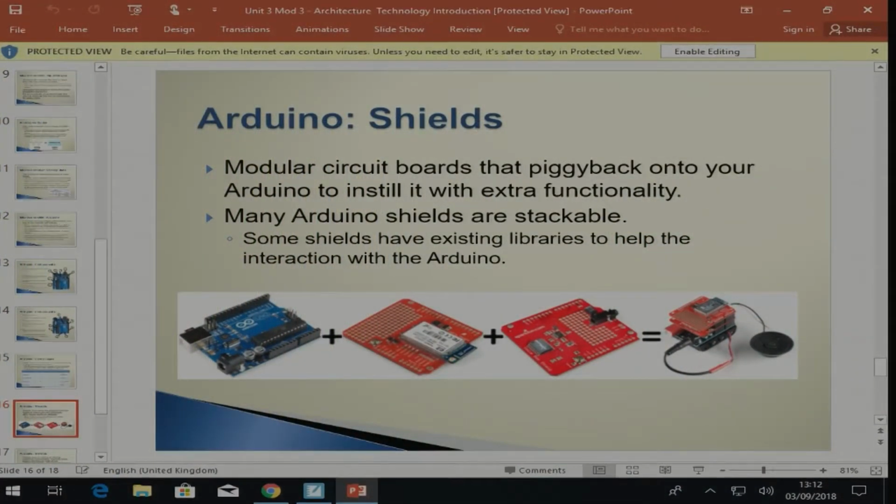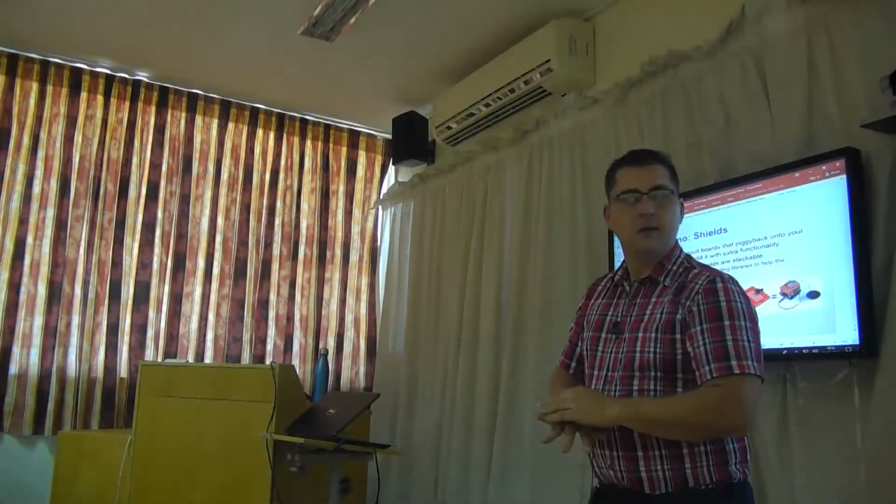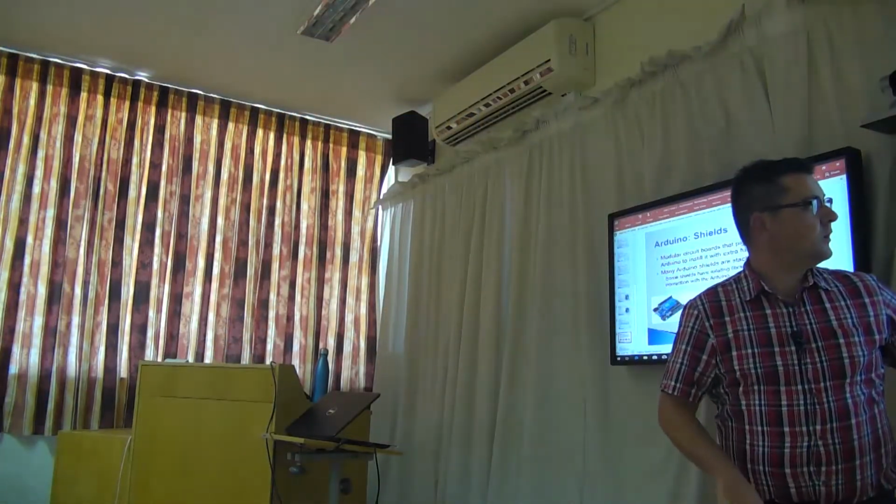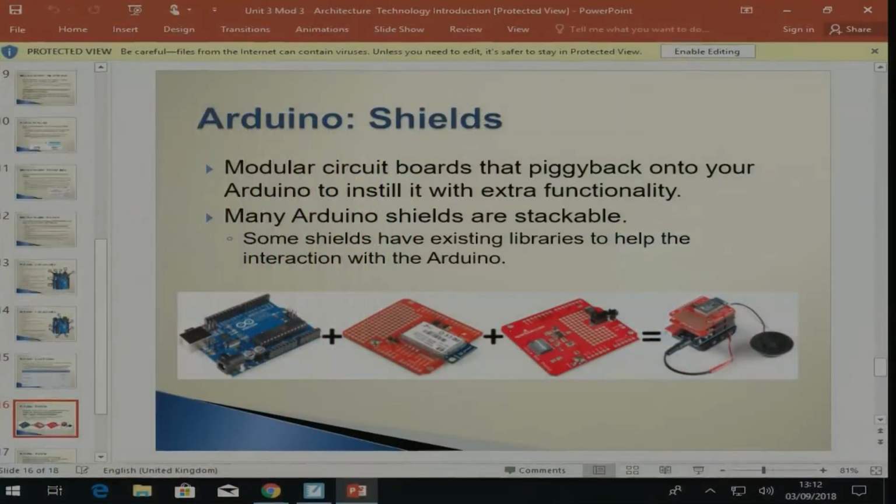You can stack these devices on top of each other, and you can accomplish the same merely by using your Arduino and other additional components or shields. Now what makes these shields nice is you can have external libraries which in most cases are pre-written. You can just use them in your program to help you to achieve certain tasks quicker in your actual design.